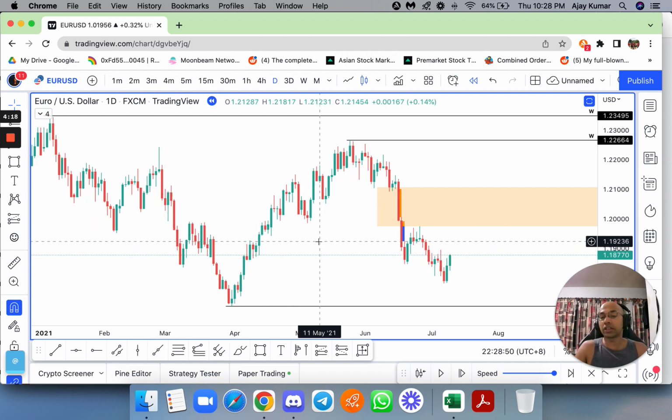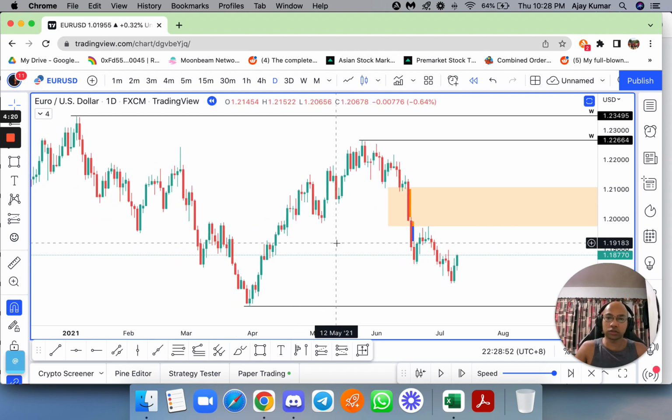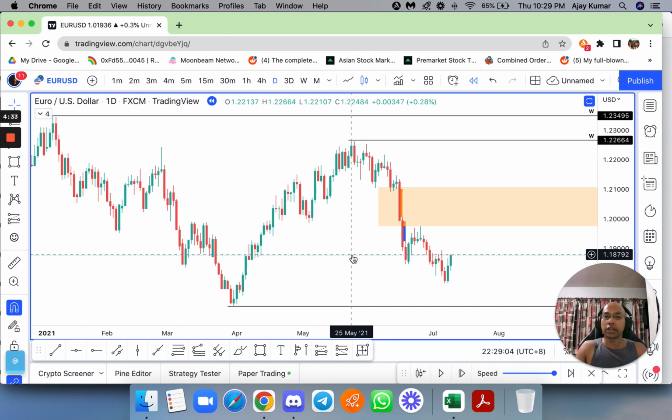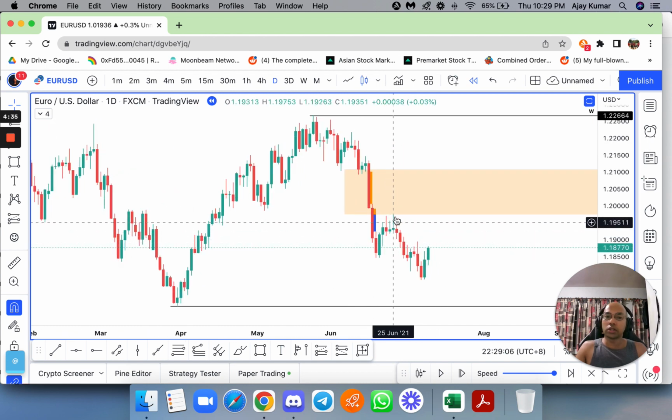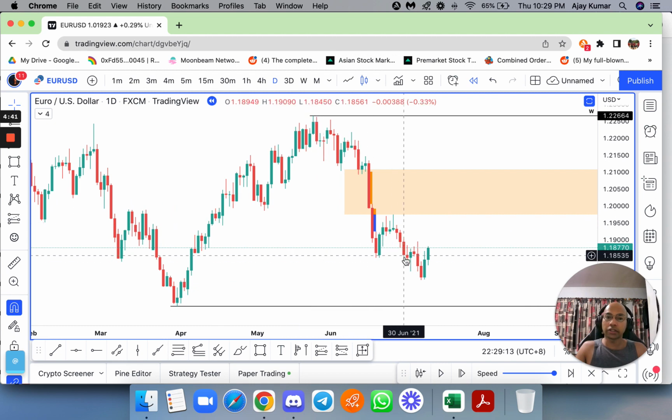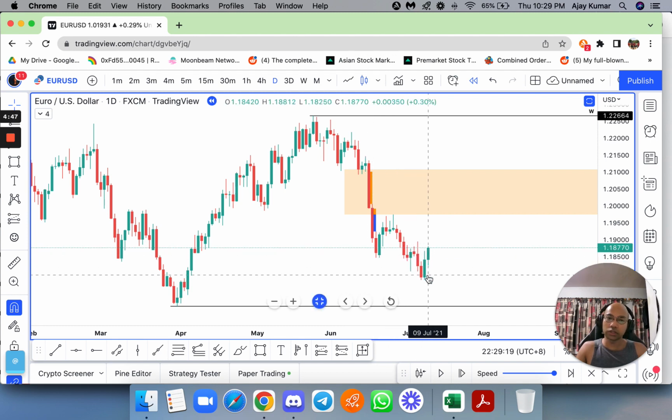I've been thinking today about what has been working well in the backtesting. What has been working well is when there is a sweep like this on a higher time frame, like a 4 hour or a daily, and then there is a break in market structure like here, then price just immediately dumps afterwards.